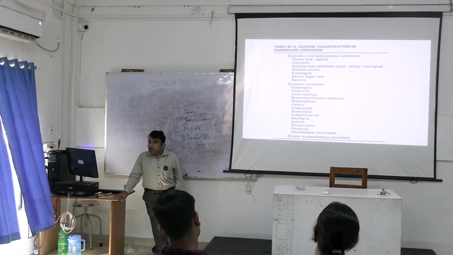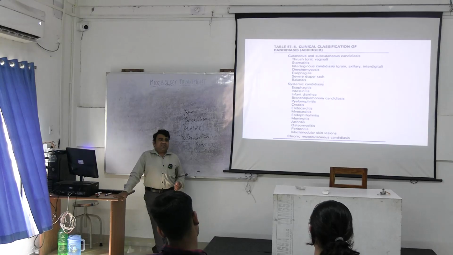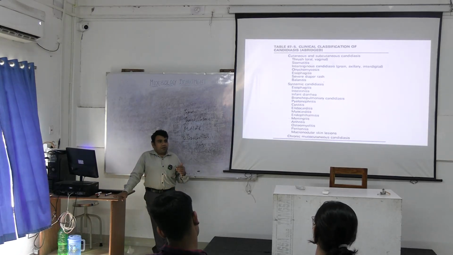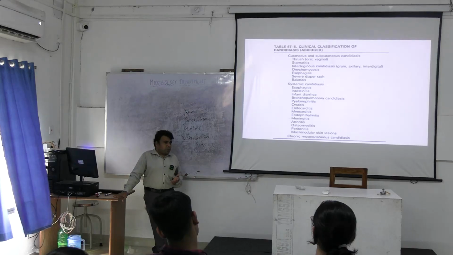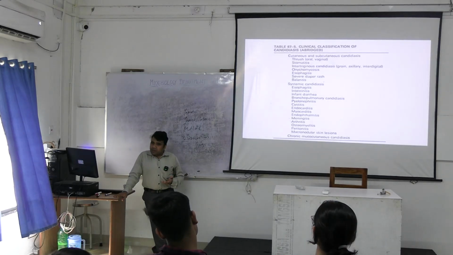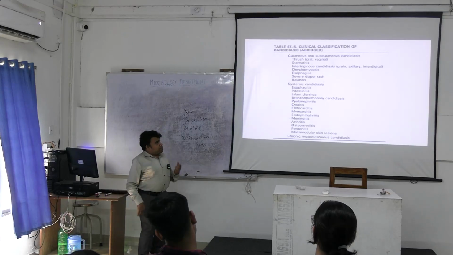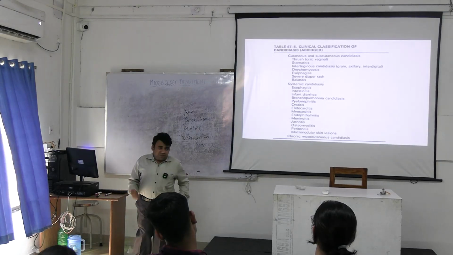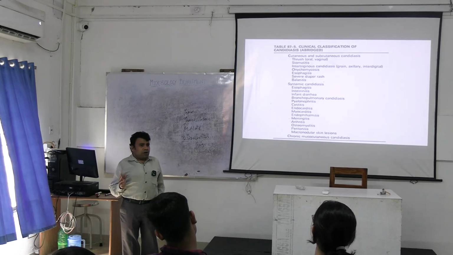Now suppose from this superficial infection the fungus is able to penetrate and move into the bloodstream and then spread throughout the body. It can affect internal organs. Then we call it as a systemic infection. The systemic manifestation can be from esophagitis, intestinitis, any GI organ.